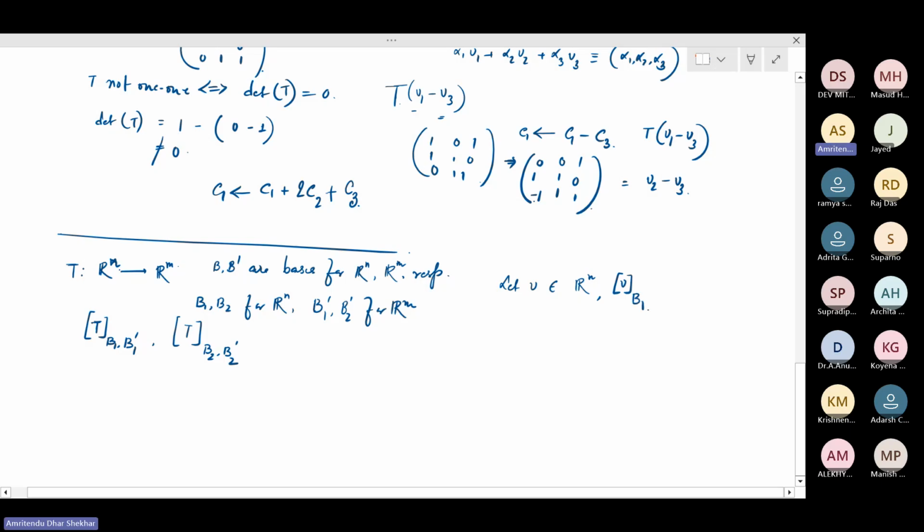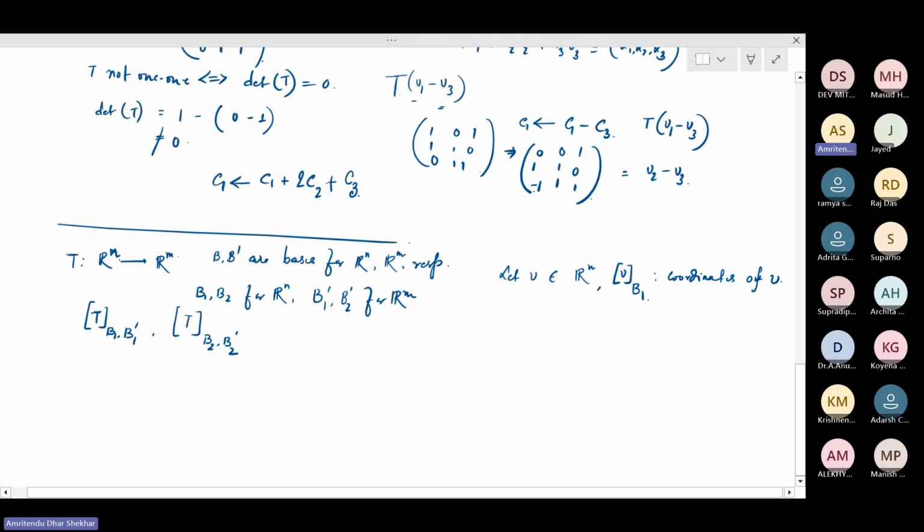This is basically the coordinates of V. Now, the same vector V will have some other representation in a different coordinate system, let's say B2. It will have a different set of coordinates.